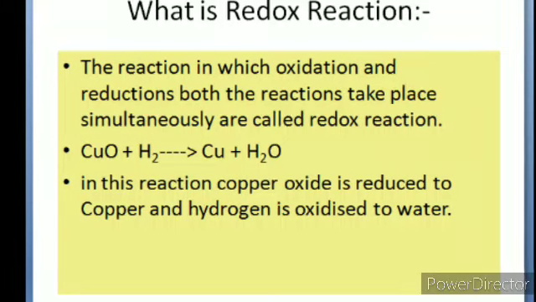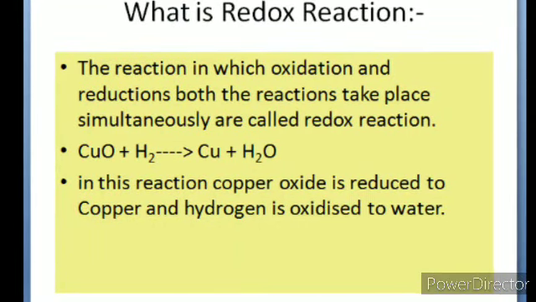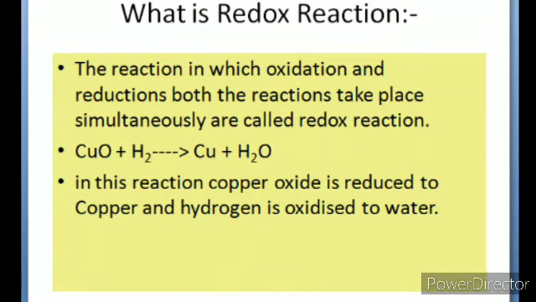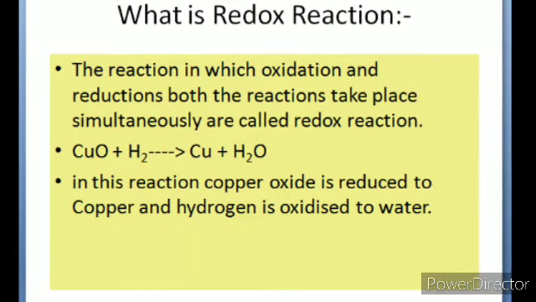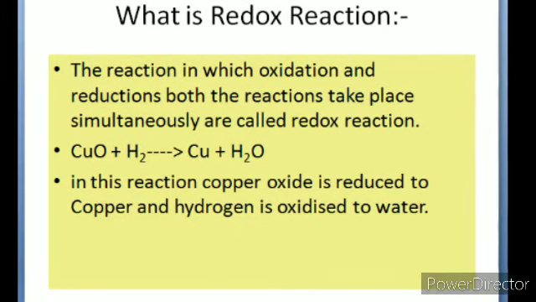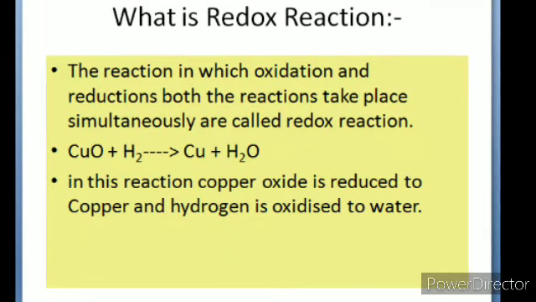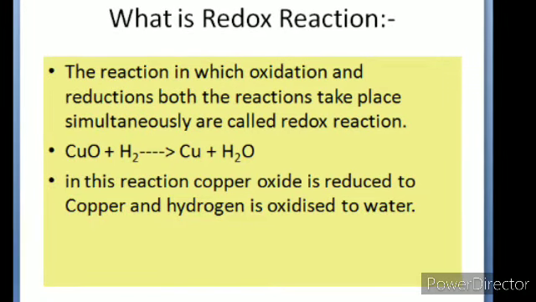Now we will discuss what is a redox reaction. As oxidation and reduction both occur simultaneously, that's why this reaction is known as redox reaction. It is the reaction in which oxidation and reduction, both the reactions, take place simultaneously.